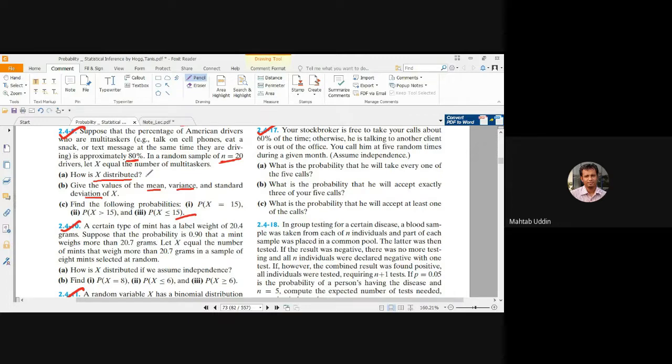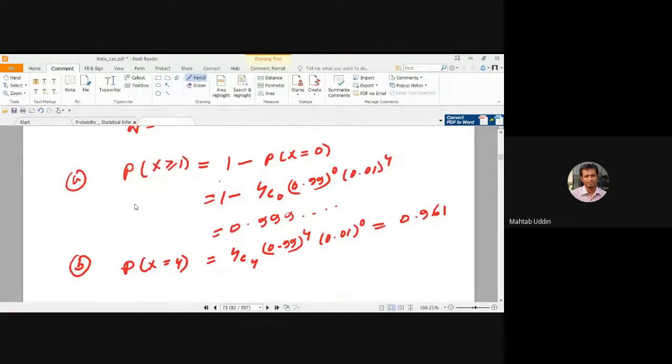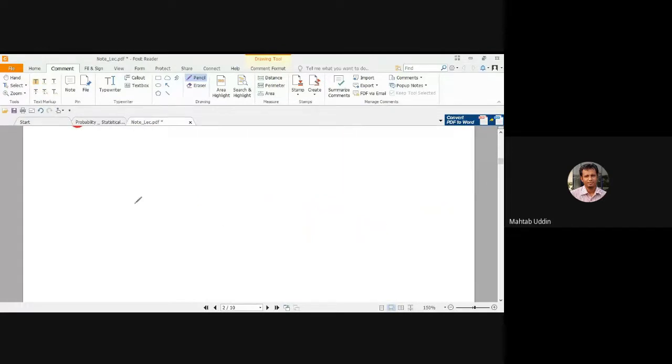So let's go. This is 9. Here n is 20, as they have taken 20 drivers. Probability of multitaskers is 0.8, so probability of not multitasker is 0.2.